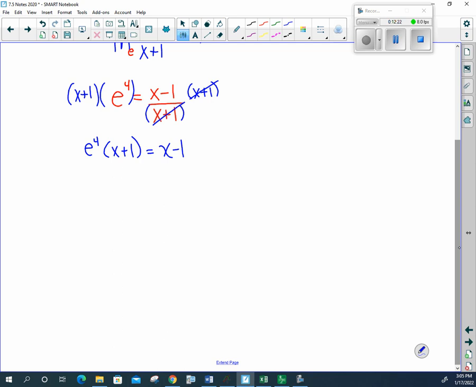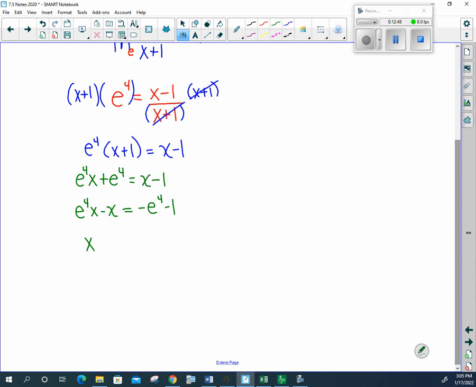So right here, what you would do if you want to just leave it in terms of e is you would write it as e to the 4th times x plus e to the 4th equals x minus 1. Then we would get the x's on the same side, and then we would get this e to the 4th to the other side with that number.